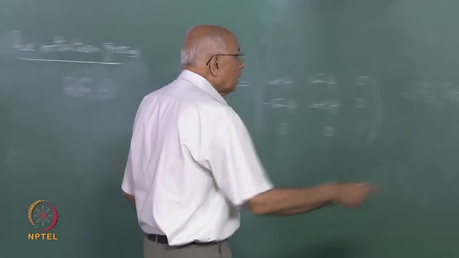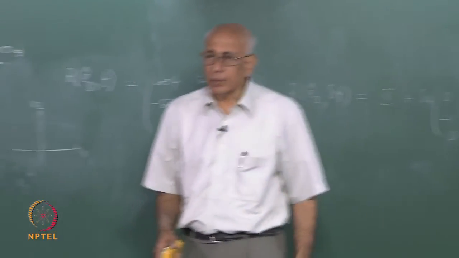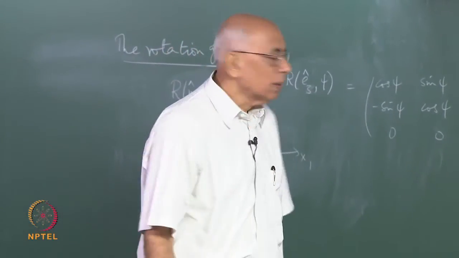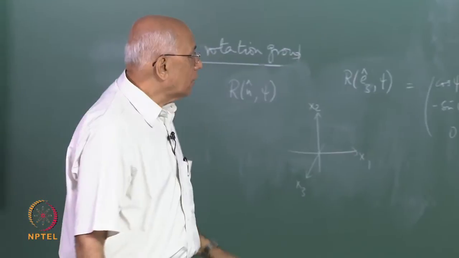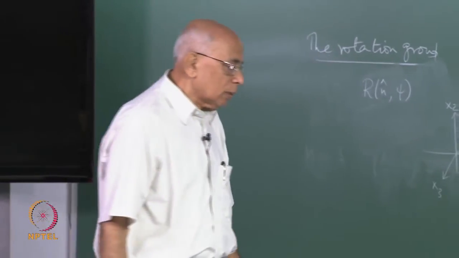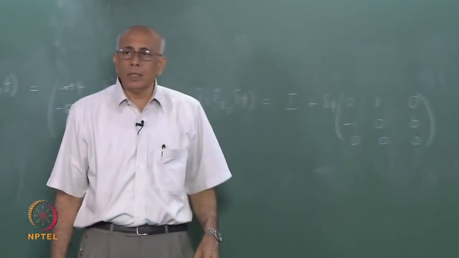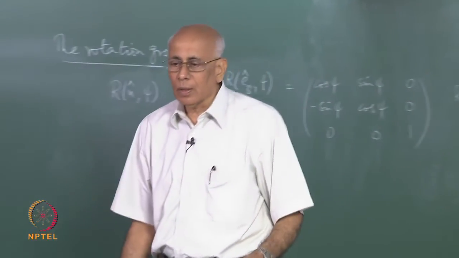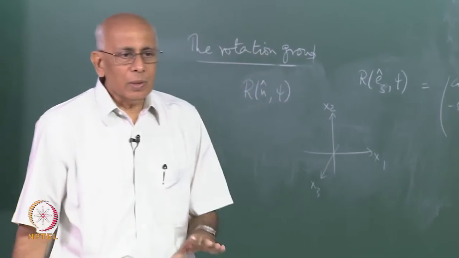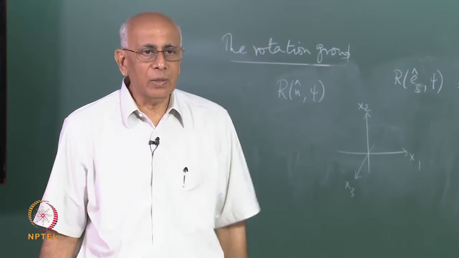Now for reasons which will become clear in a minute, these quantities here will play the role of what are called generators of these rotations. Repeated action by these matrices will lead to the rotation, and in physics we could leave it as it is, but in physics very often, especially in quantum mechanics, it will turn out that these generators of rotations correspond to physical quantities, namely the components of the angular momentum, and that you would like in quantum mechanics to be represented by a Hermitian operator, because we would like to have its eigenvalues real.